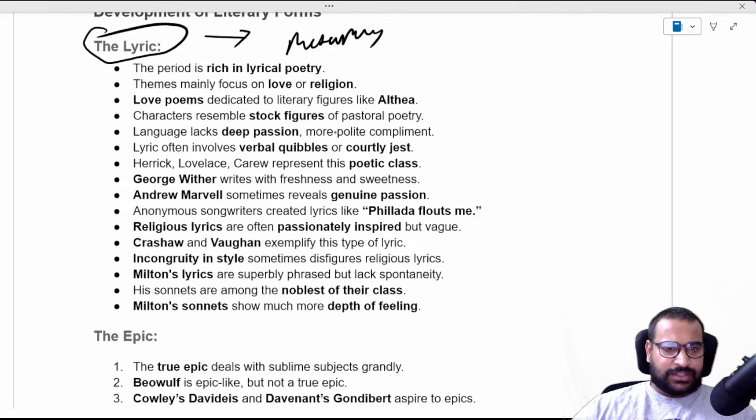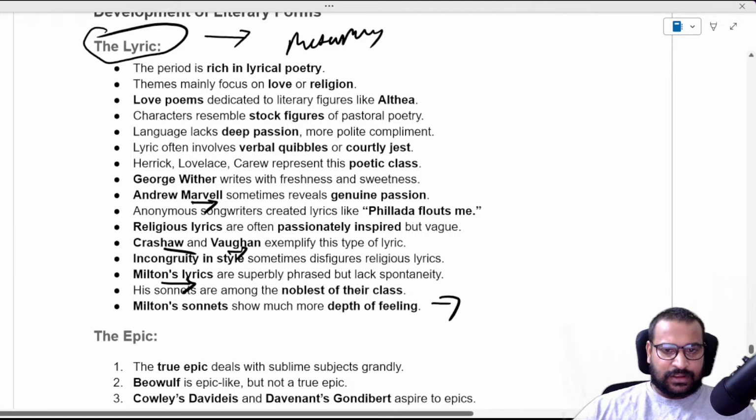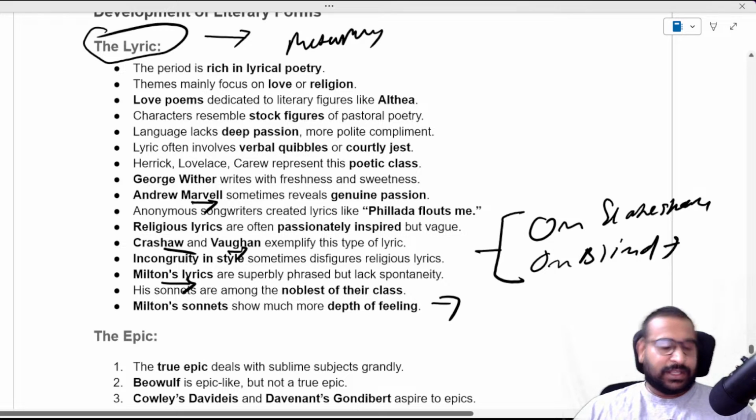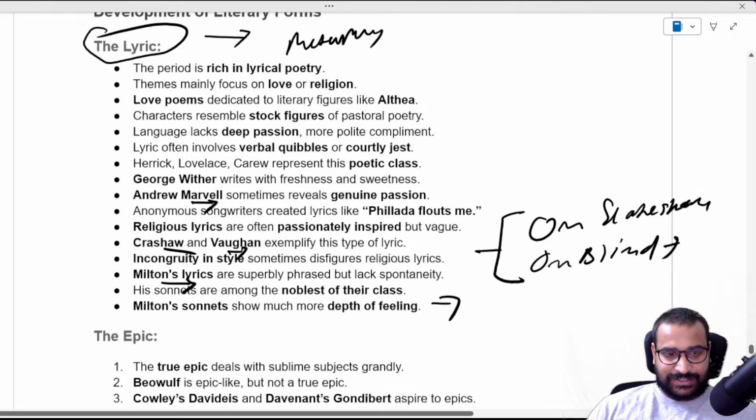Mostly, as you know, Andrew Marvell is there, and we have Crashaw and Vaughan, and Milton's lyrics as well, and some of Milton's sonnets, like the one on Shakespeare. They have asked a recent question based on that, and then we have the one on his blindness. Most of the time you get a question on this particular sonnet. So there were two famous sonnets that you should remember from an exam perspective.